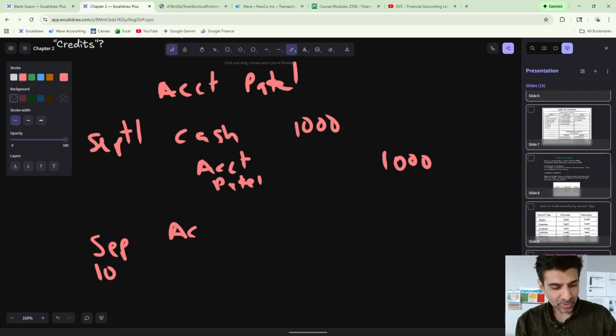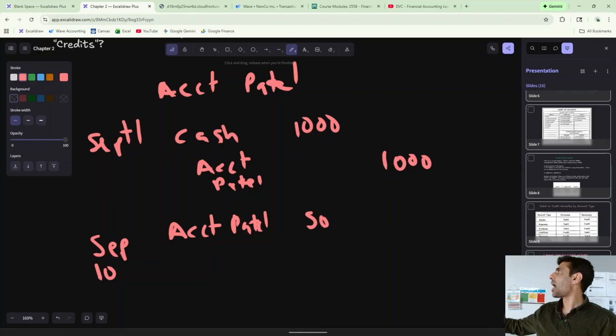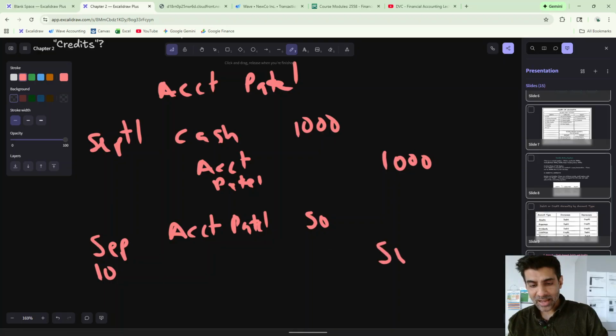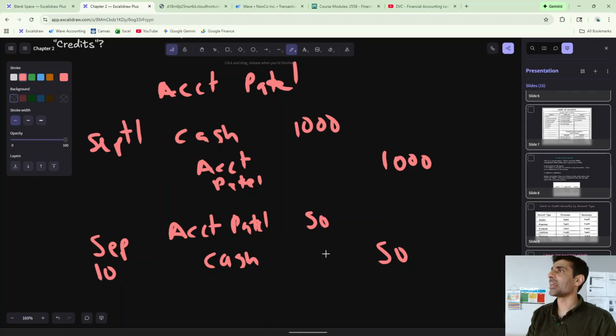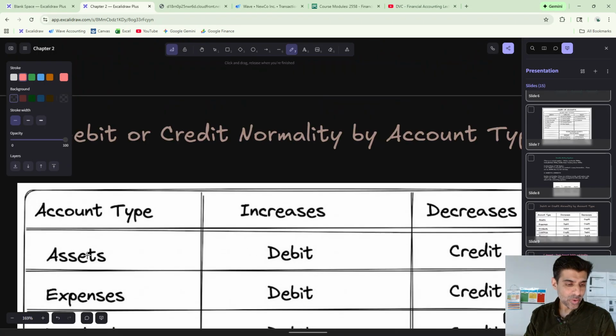So account Patel will get a $50 debit because I've decreased the amount they owe me, but they're losing cash. So they're going to credit cash because cash is an asset. When an asset goes up, they debit it. When they give me my money back as cash, they have to credit cash, because their cash balance is going down.